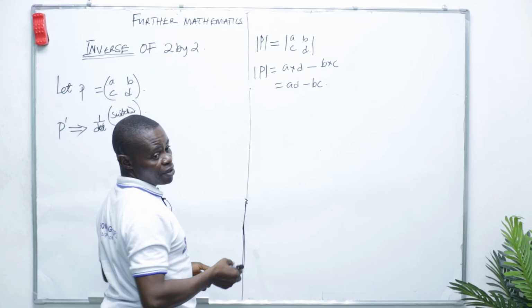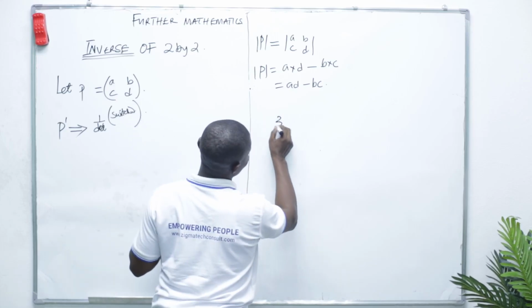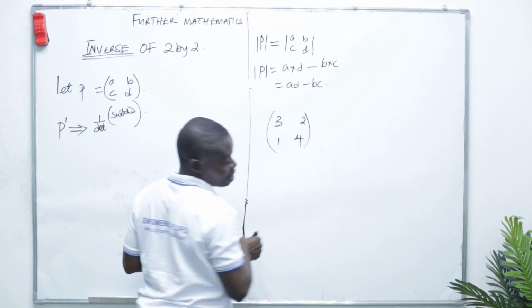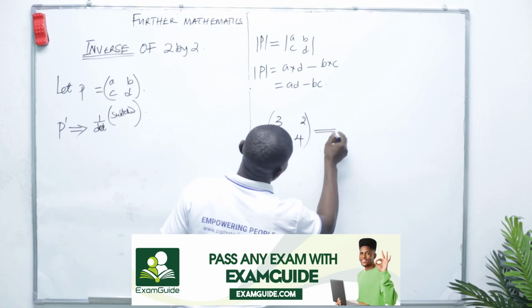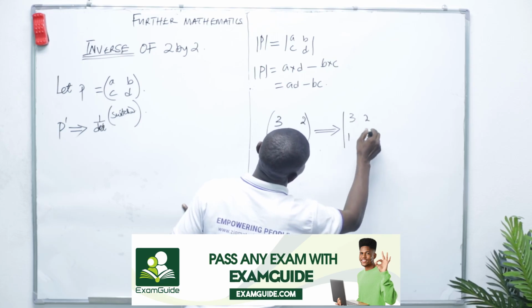Find the inverse of 3, 2, 1, 4. This is a matrix. Switching to determinant, this implies 3, 1, 2, 4.